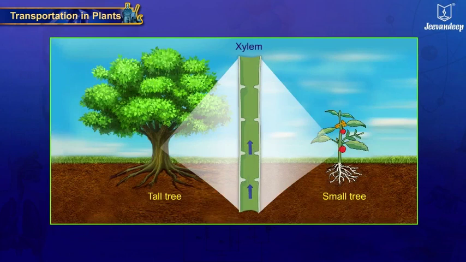This continuous movement of water from the soil to the xylem tissue creates root pressure, which can push water upward. However, this pressure is not enough to push the water up in tall trees, but it is enough to push up the water and minerals in small plants like herbs, bushes, and even small trees.